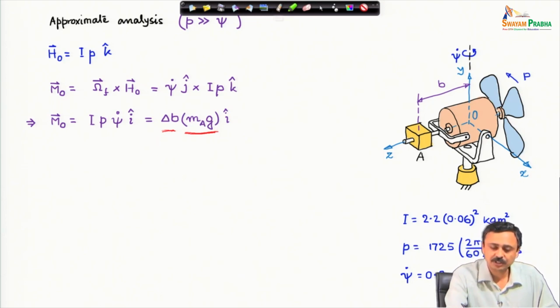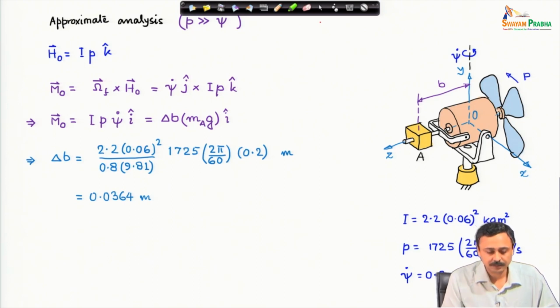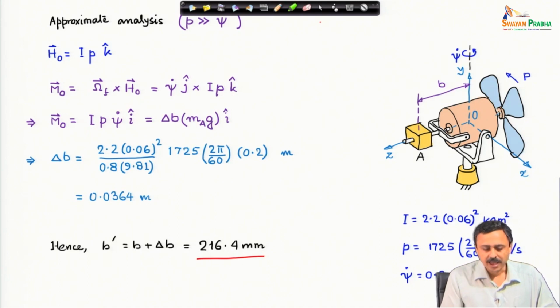Therefore, this is the expression of moment, and from here I can calculate delta B. On simplification, I get this to be 36.4 millimeter, and B was initially at 180 millimeter. Therefore, if I add this shift, I get 216.4 millimeter, and that will produce this precession.